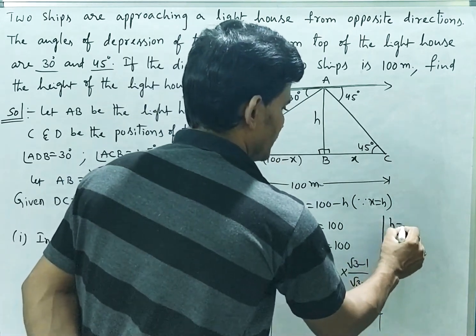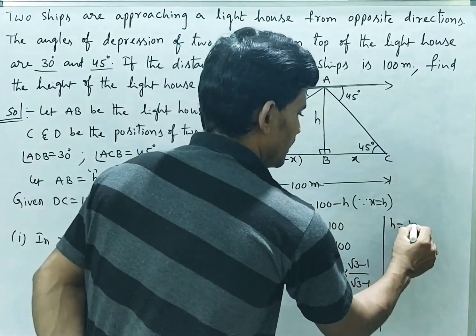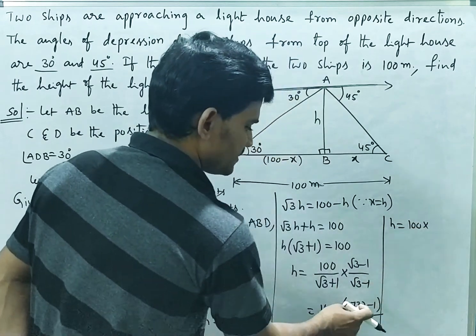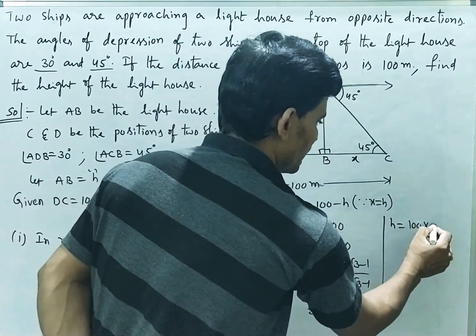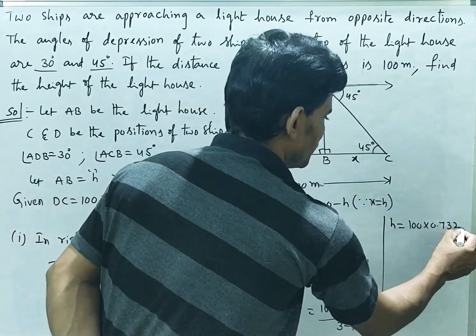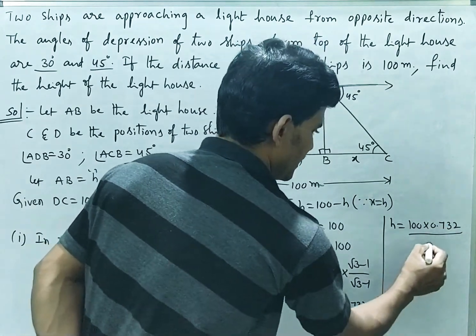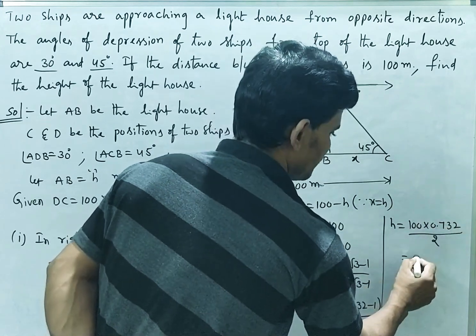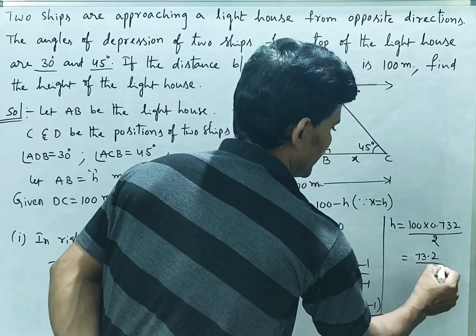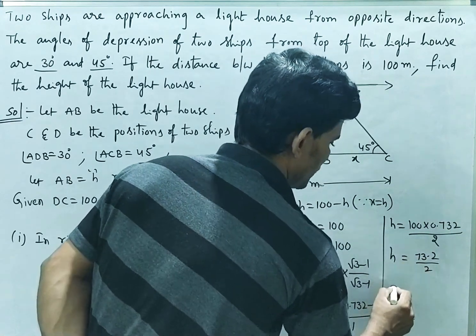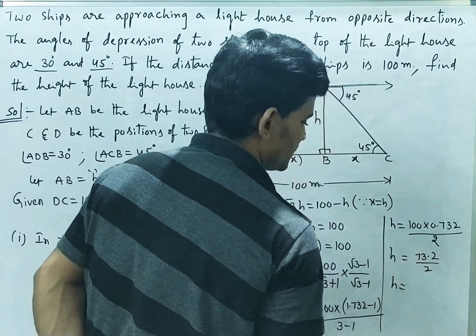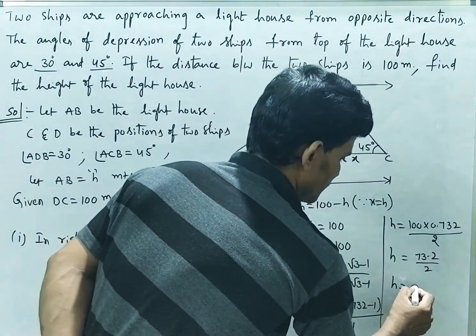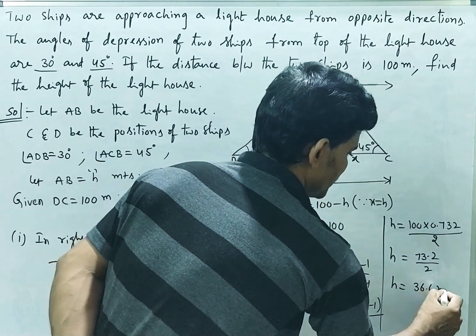Then h is equal to 100 into 1.732 minus 1, which means 0.732, by 3 minus 1, which becomes 2. If you multiply by 100, it becomes 73.2 by 2. So h is equal to half of 73.2, which is 36.6 meters.